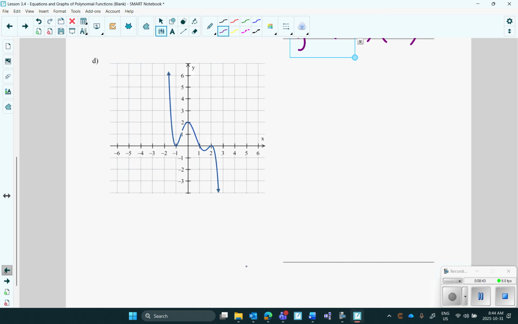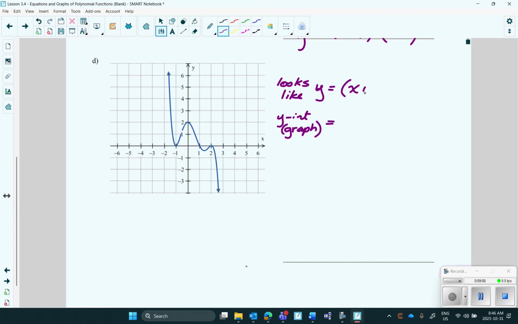Got some bouncing back going on. So, what does the equation look like?